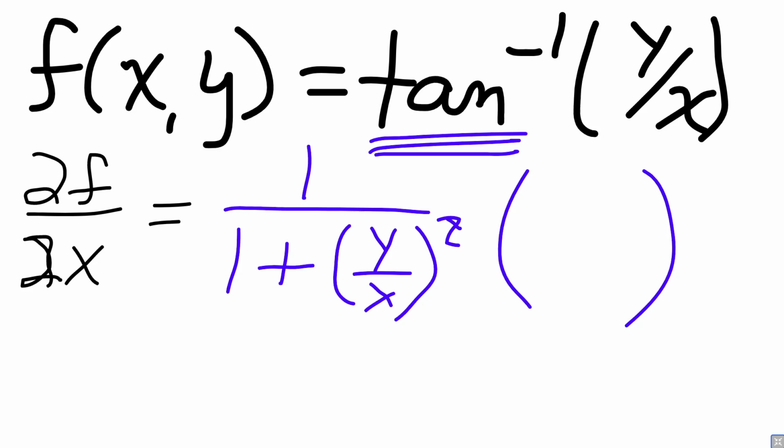the derivative of this expression with respect to x. What's going to be the derivative of y over x in terms of x? A negative 1 over a squared, so negative y over x squared. Let's clean this up a little bit.